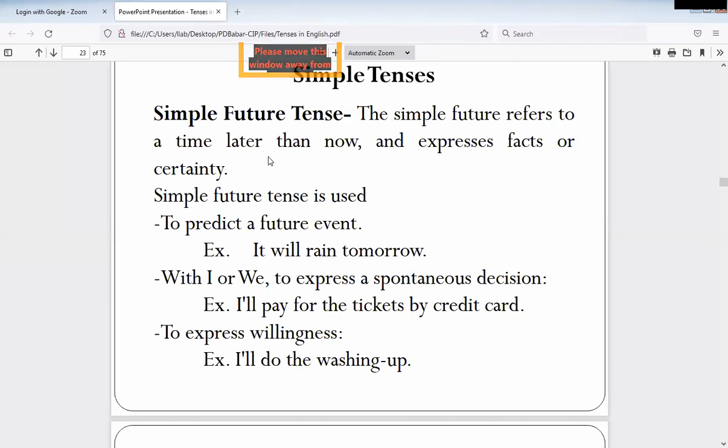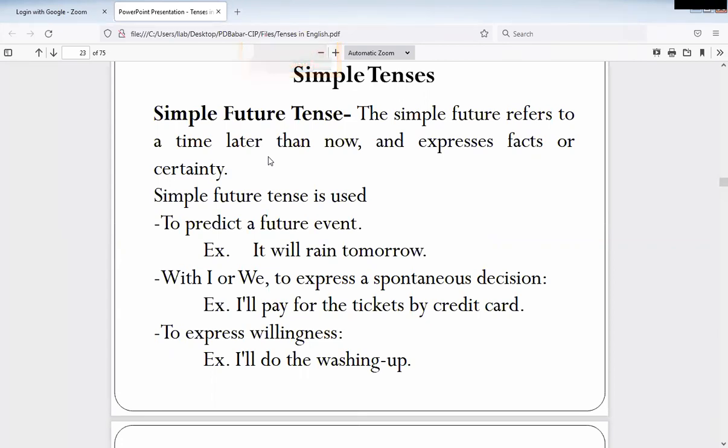We have used here the simple future tense verb, will. Engineering will grow in future. So will is the time expression that we have used to express some facts or certainty.